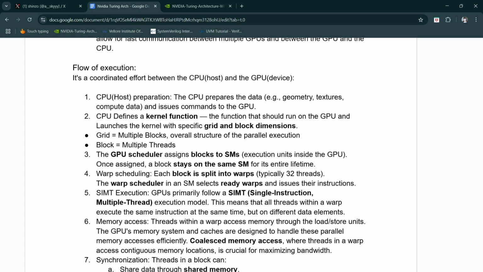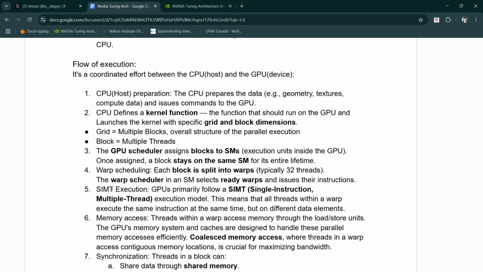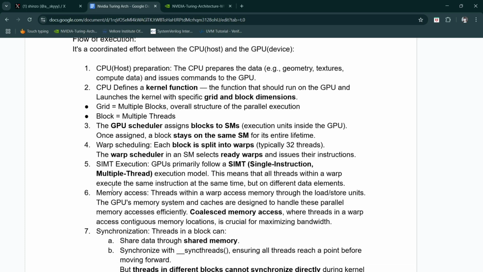Since it is a SIMT execution, that is single instruction multiple thread, multiple threads execute the same instruction on multiple data. That's how this multi-threading works. Same instruction but on multiple data using threads.